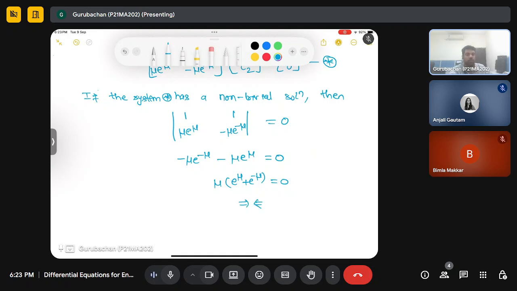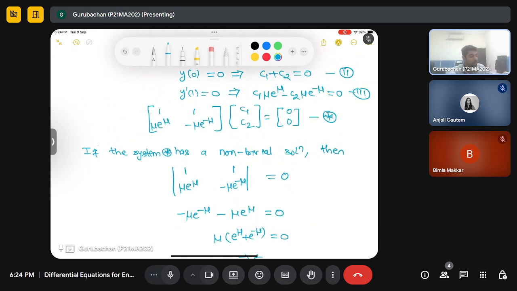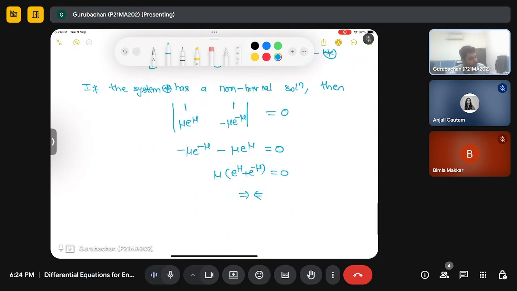Since this cannot be 0, we have made a wrong assumption. That means the system must have only the trivial solution. Therefore, C1, C2 will be nothing but 0, 0.